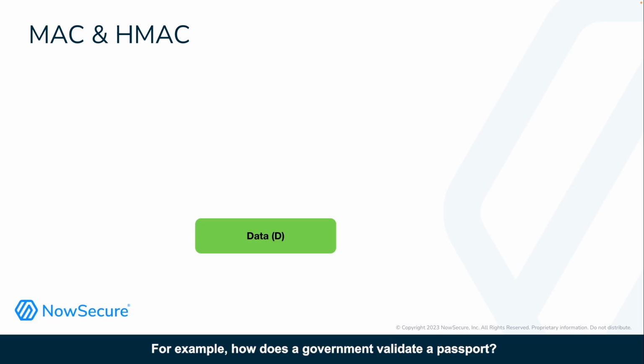For example, how does a government validate a passport? They would likely use a watermark and apply hieroglyphics on the passport for a stamp of integrity and authenticity. Later, when you provide your passport, they would look at it again to confirm that it is a valid passport issued by the government.